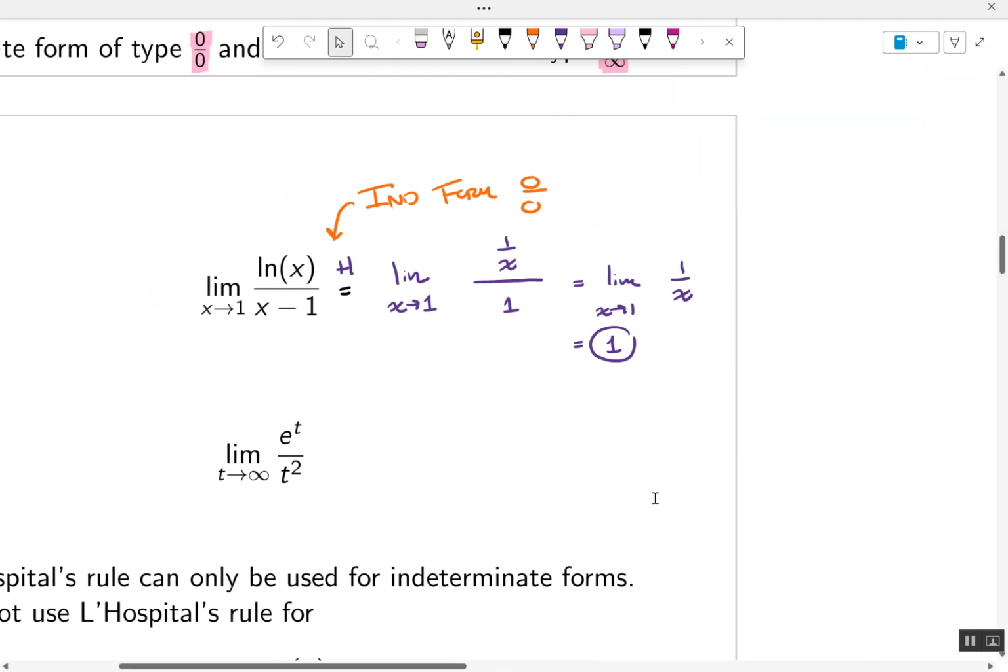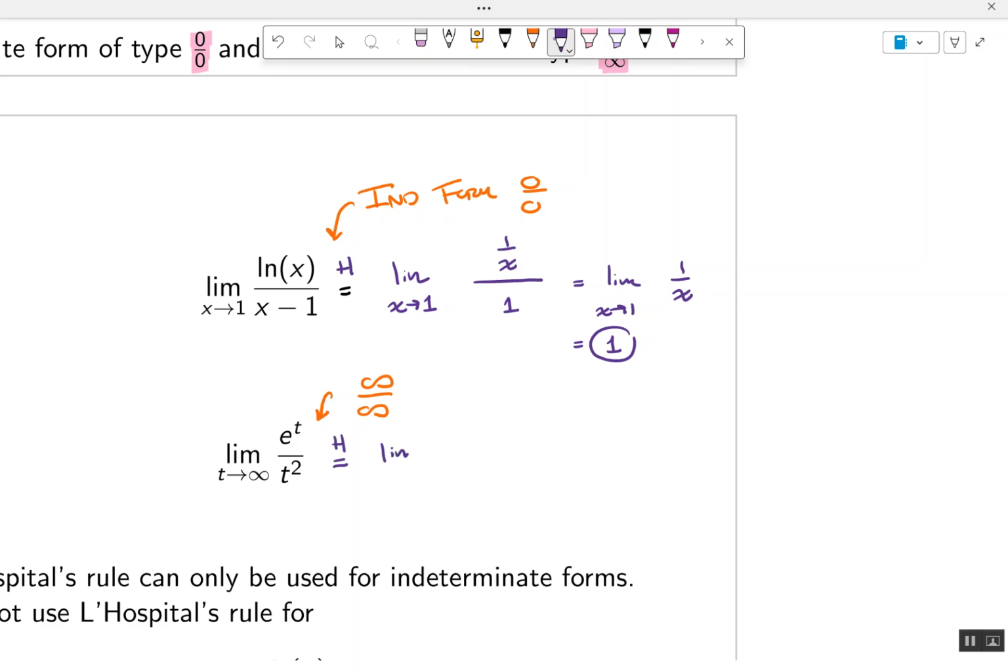So for this next one here, let's check whether we have an indeterminate form. Well, as t approaches infinity, e to the t gets bigger and bigger and bigger, and so does a huge number being squared. So this is an indeterminate form of the form infinity over infinity, and so we can apply L'Hôpital's rule.